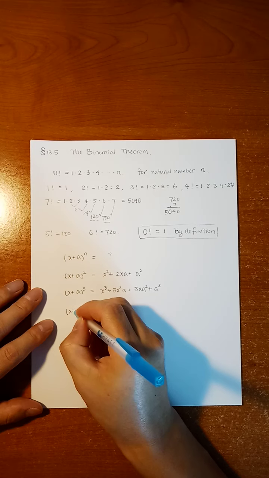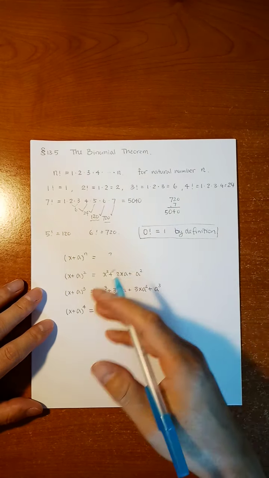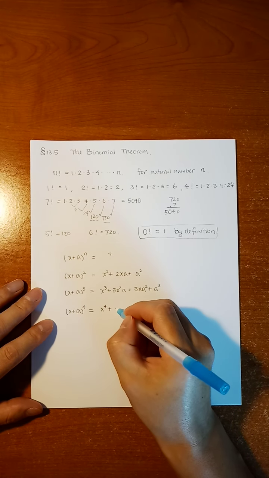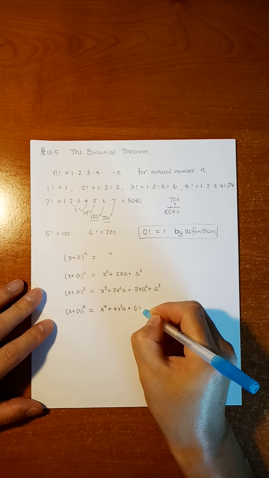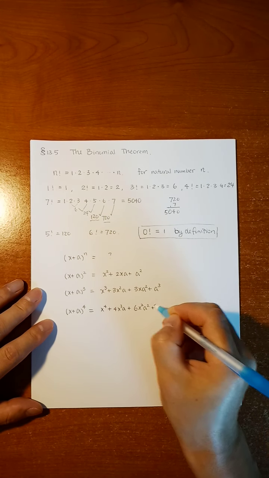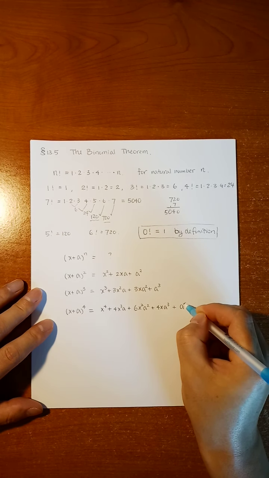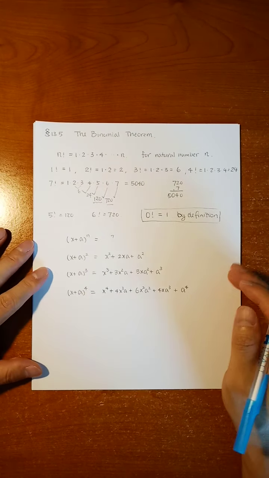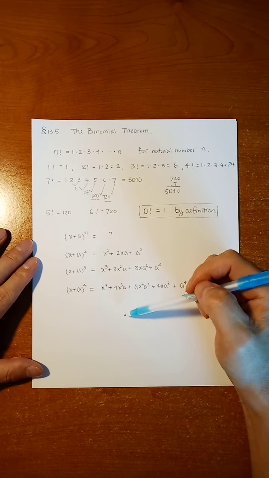If you want to compute x plus a to the 4th power, it will possibly take more than 1 minute. You will get x to the 4th power plus 4x cubed a plus 6x squared a squared plus 4x a cubed plus a to the 4th power. Okay, so it will take time, but it's not that difficult.